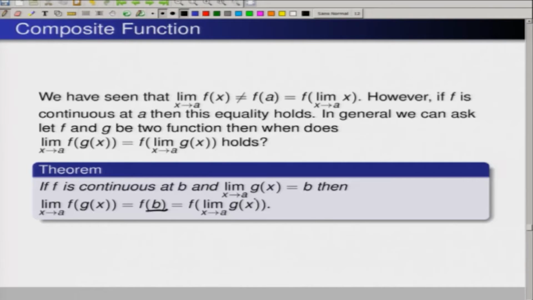So, in order to interchange, we are assuming the continuity of f at b and that the limit of x goes to a of g of x is equal to b.